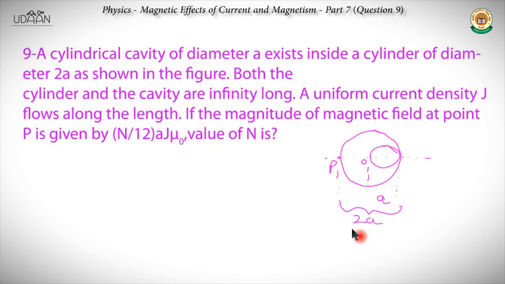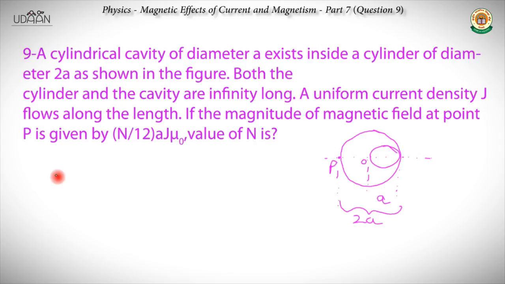We do this by the principle of superposition, because otherwise we have no particular formula or insight into how to find the magnetic field of a cylinder with a cavity. Let's see how we go about it.